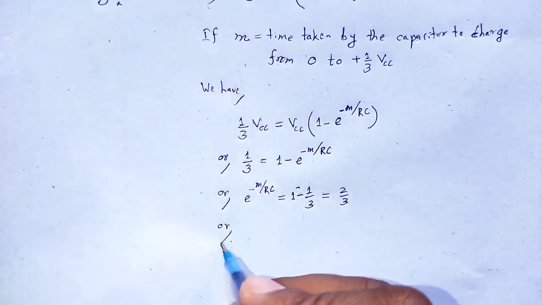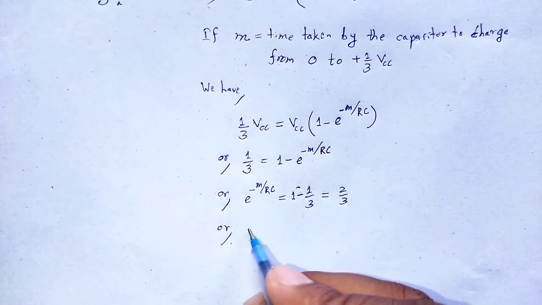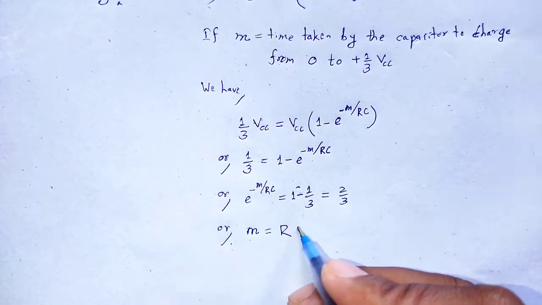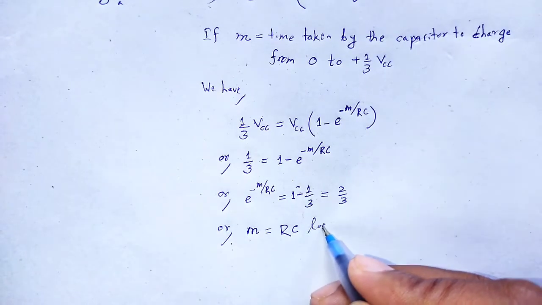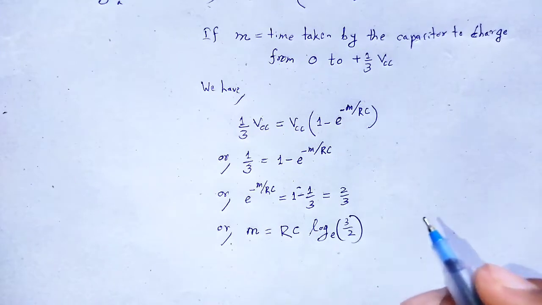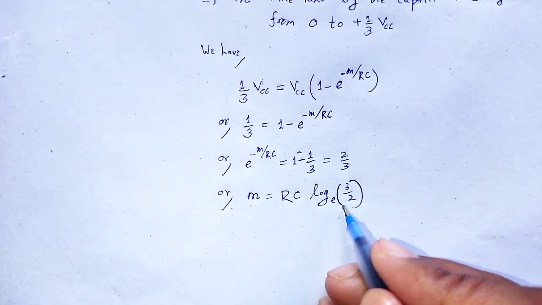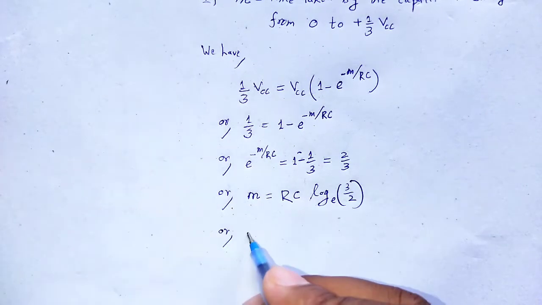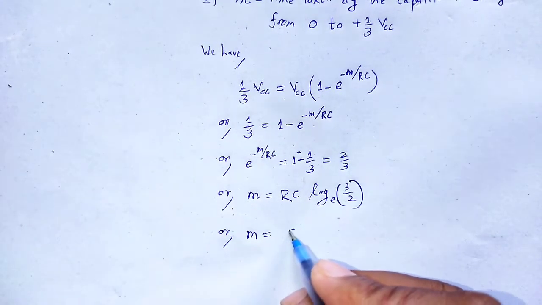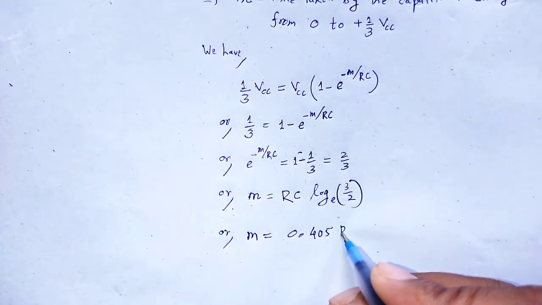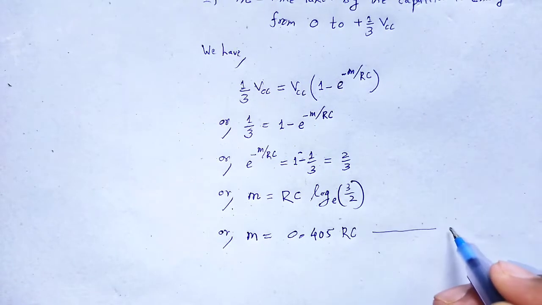Or m is equal to RC log base e of 3 by 2. Its logarithmic value is 0.405 RC, that is equation number 2.